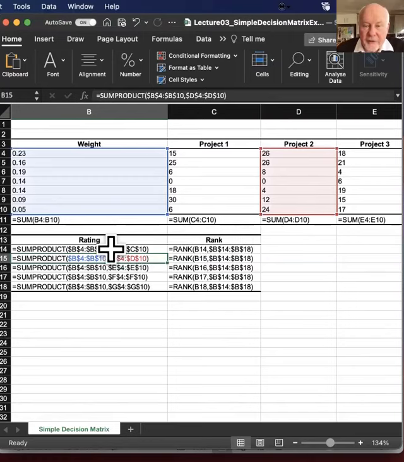So what's happening in this rating column is that for project 2, its rating of 26 is being multiplied by the weight of 23%, 0.23, and then added to its rating for the second objective, 26, by 0.16, which is the weight, and then the weight of 0.19 is multiplied by the rating on the third criterion, and so on.